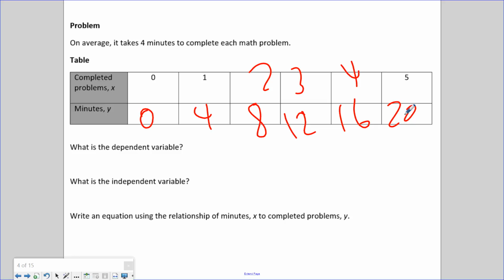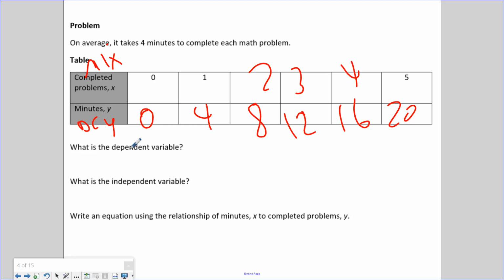So which one is the dependent, the independent variable? Well, in science class, you learn it as the responding variable. The minutes depend on how many problems you have.